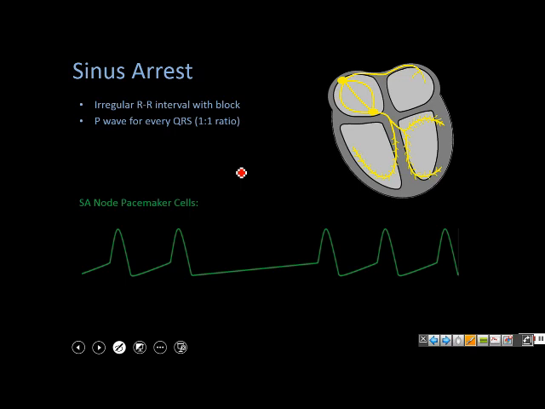Now sinus arrest, if something is in arrest, it's not doing anything. So what we're saying with sinus arrest is that there is no activity from the SA node. It's not pacing. And here again are the action potentials of the SA node. Each time those cells reach depolarization, it causes a P wave and a QRS.